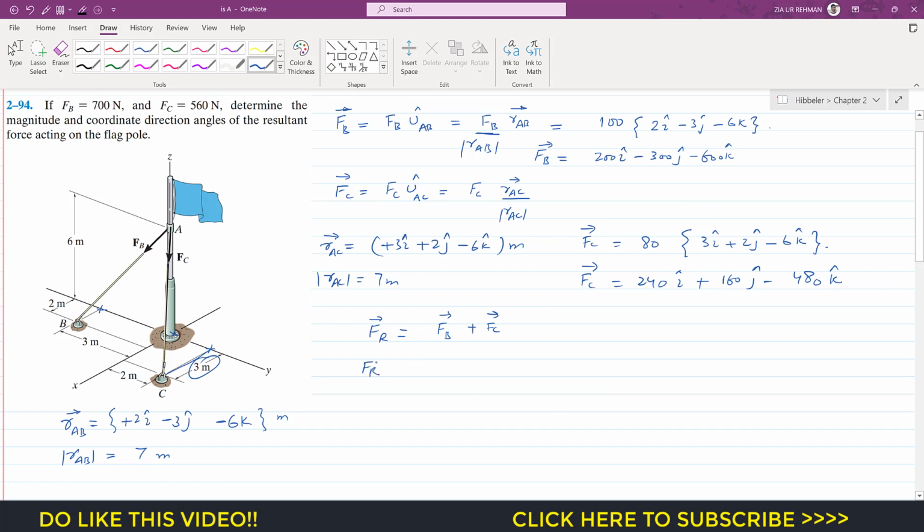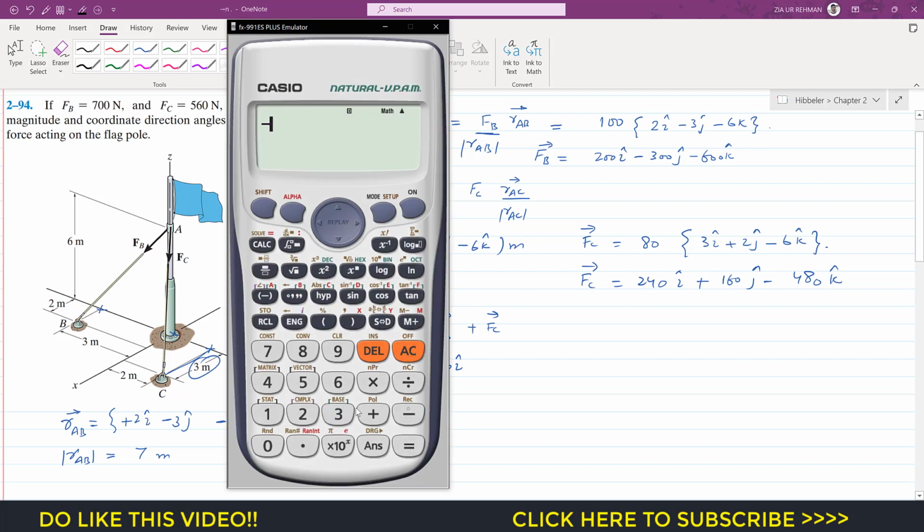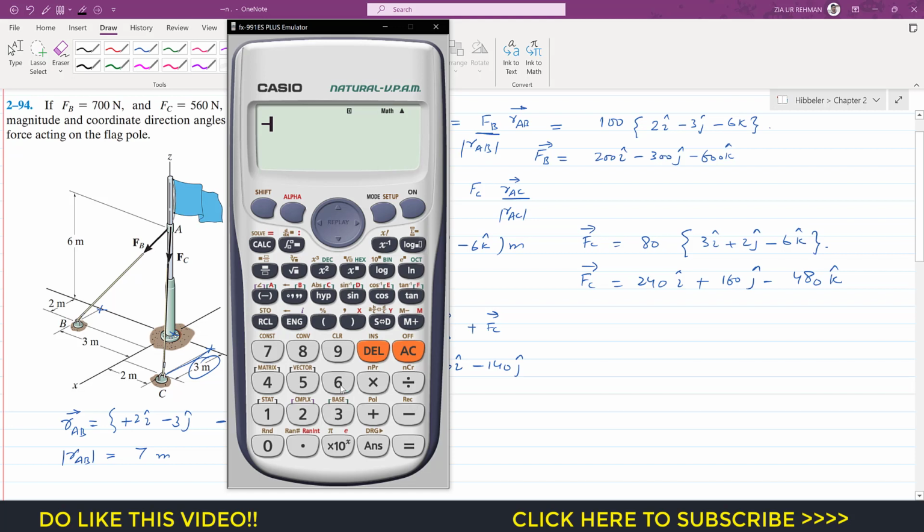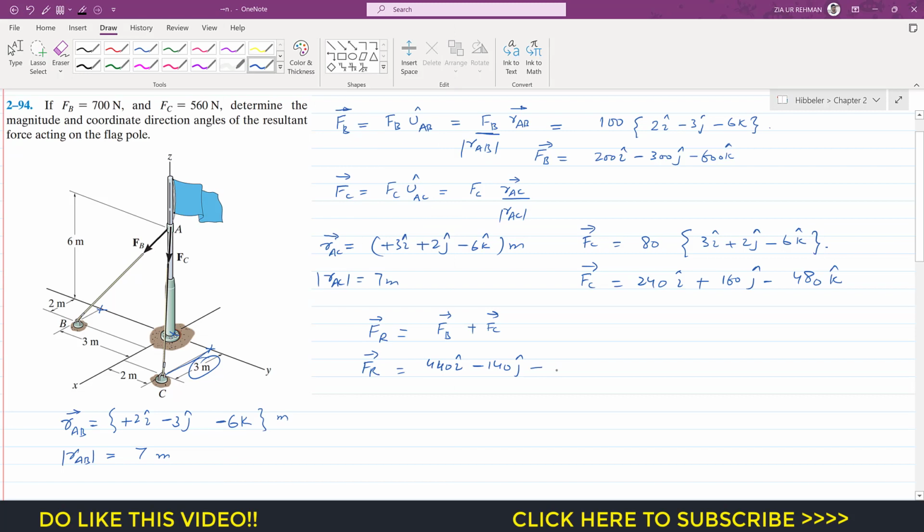So FR will be equal to, so this is 200 plus 240, so this is 440i, and minus 300 plus 160 is minus 140, so this is minus 140j, and minus 600 minus 480, so this is minus 1080k. So this is the Cartesian vector representation of the resultant.